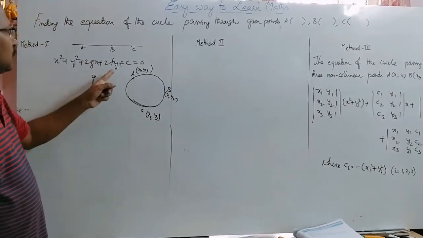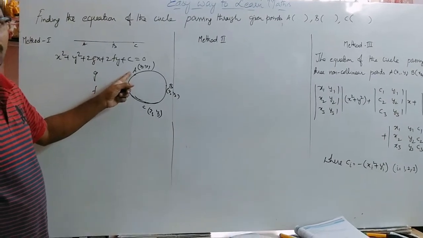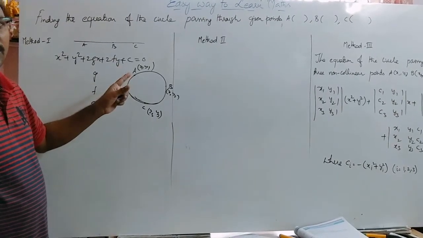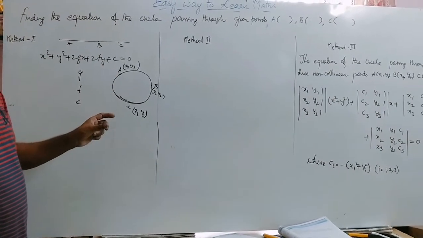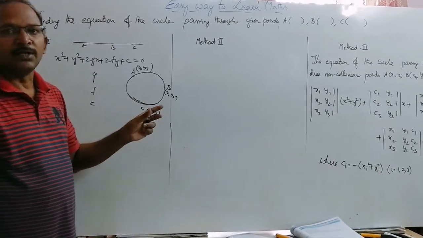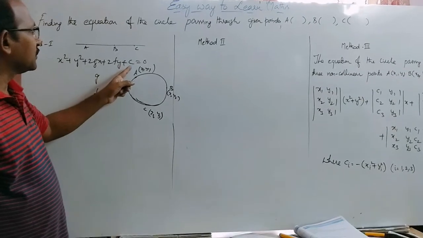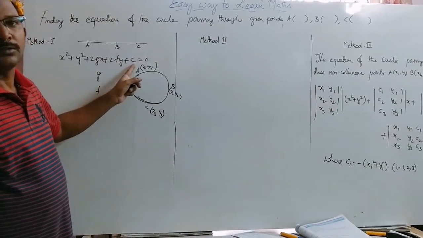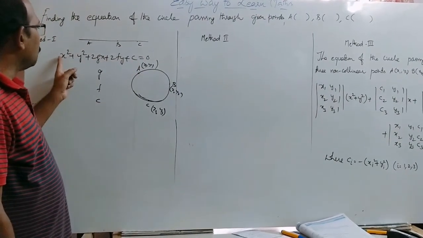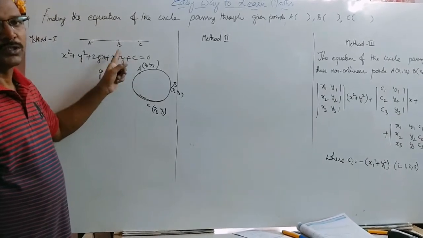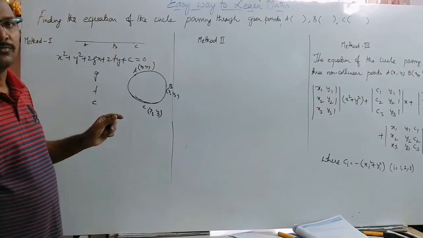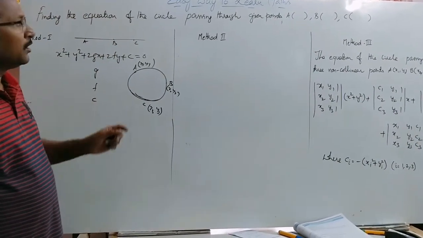Substituting x3 y3 in this equation, you will get another equation involving g, f and c. Then solving those three equations for g, f, c, we will get the values of g, f and c. Then substituting in the required equation of the circle, we must be able to find the equation of the circle passing through those 3 points. It is the first method.